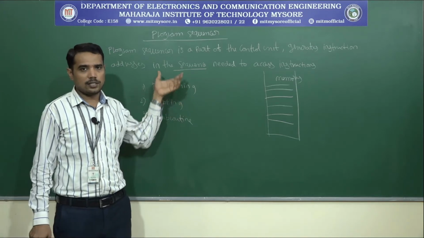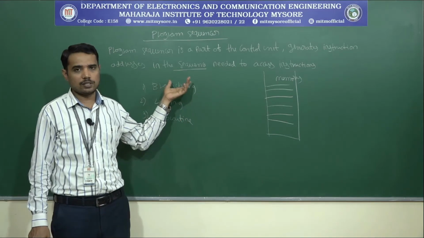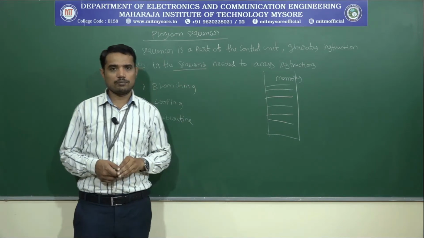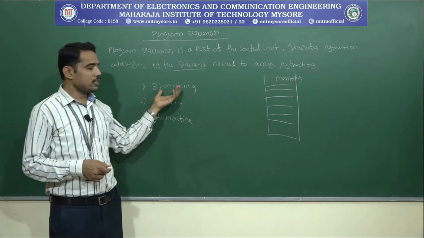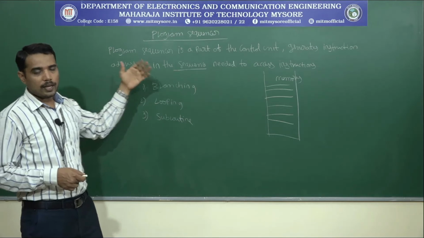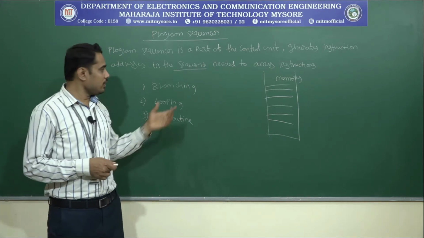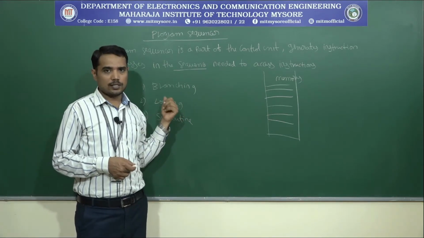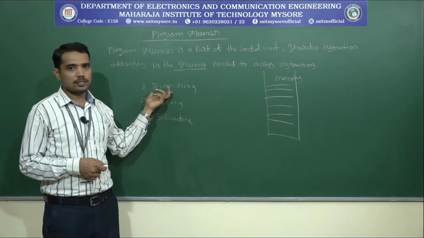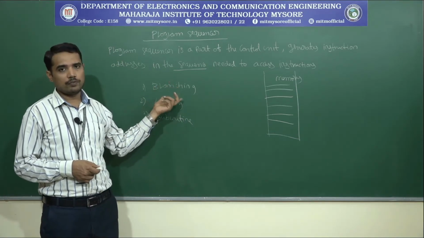Now let us see the block diagram of the program sequencer and see how it is going to calculate the address of the next instruction that is fetched from the memory. The address of the instruction which is going to be fetched from the memory with respect to the program counter has to increment, which is going in a sequential way. Or in other words, if you are following looping or branching, or subroutine, each follows one type of instructions.